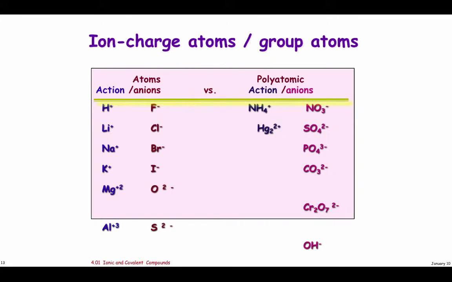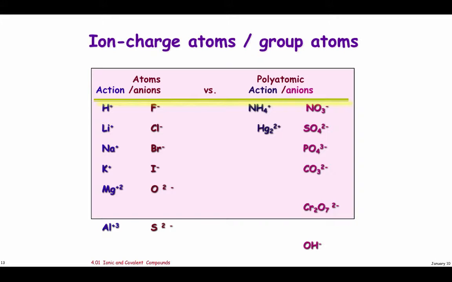And then we have something called polyatomic ions. These are atoms that are bonded together covalently, but they have a deficiency of electrons or they have an excess of electrons. And so because they have either a deficiency, in which case they're polyatomic cations, or an excess, in which case they're called polyatomic anions, they're going to be charged.